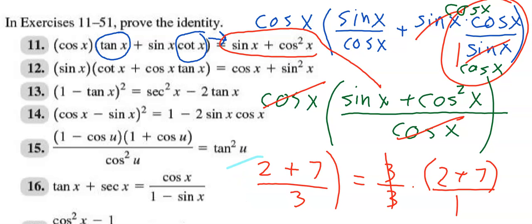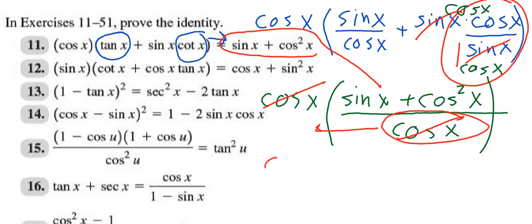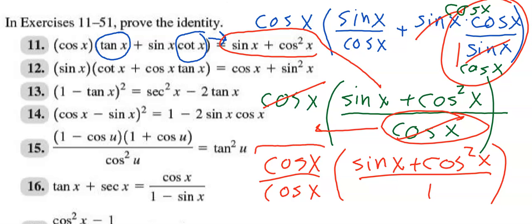So if I use that same exact logic here, and I take this thing and slide it out on the outside, I'd have cosine x over cosine x times sine x plus cosine squared x all over 1. Now we know dividing by 1 is not going to be earth-shattering, but you're seeing that this out here cancels.